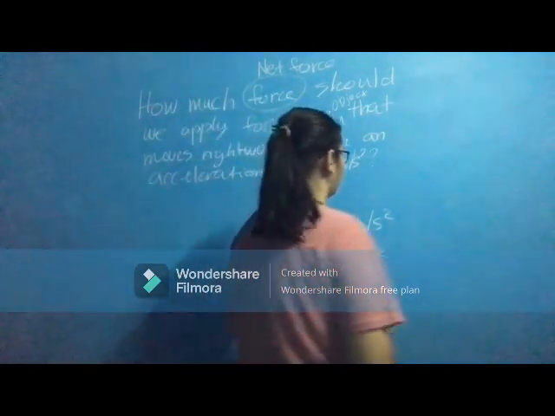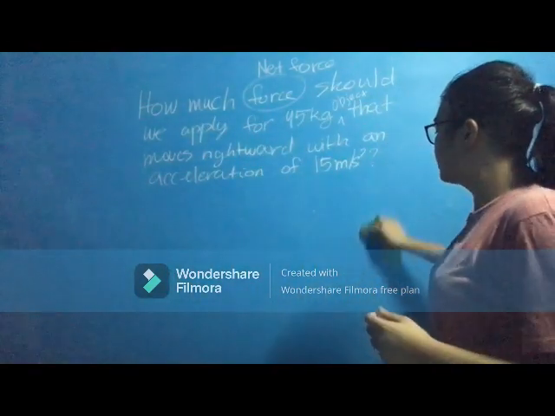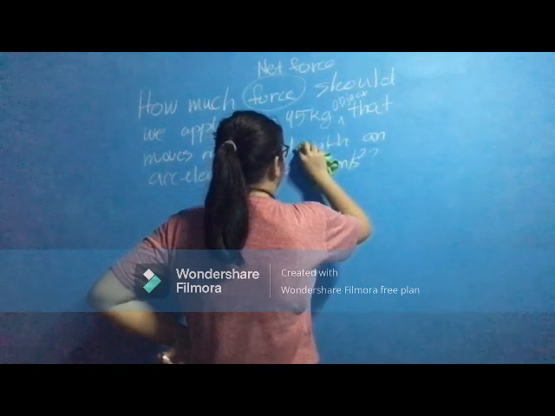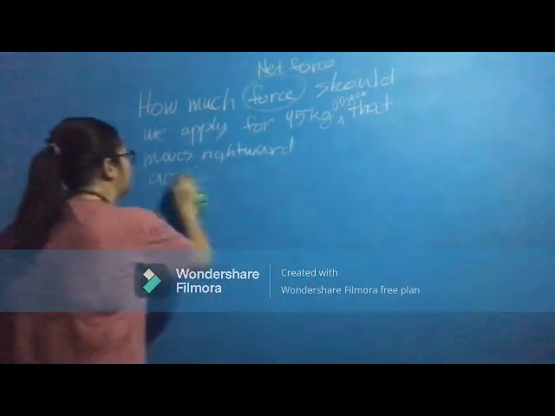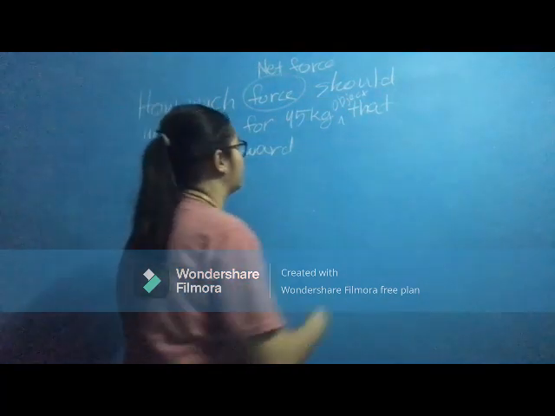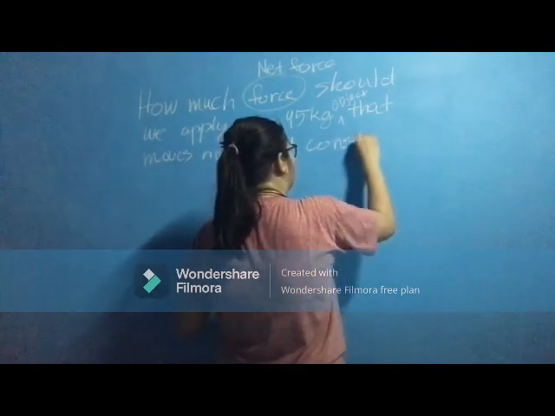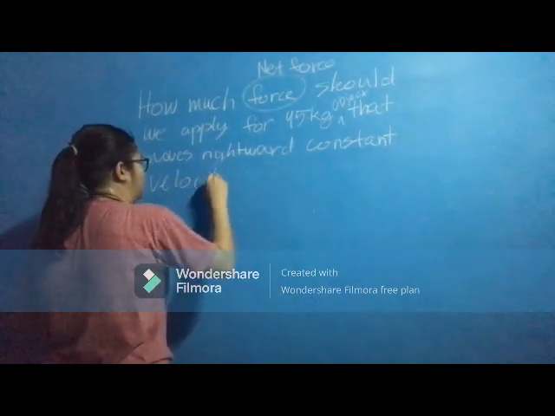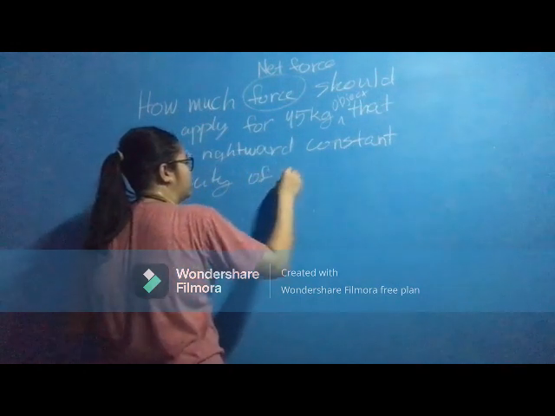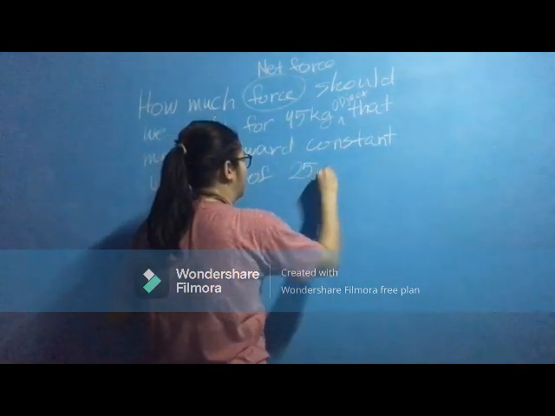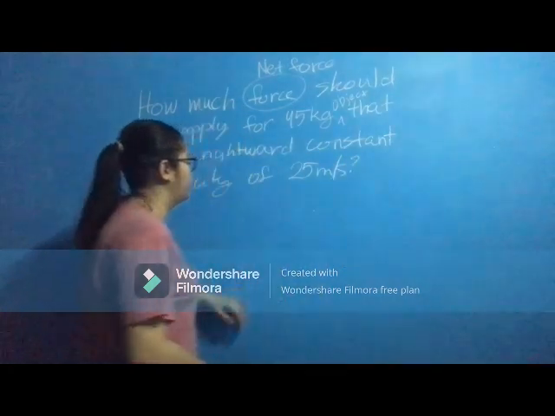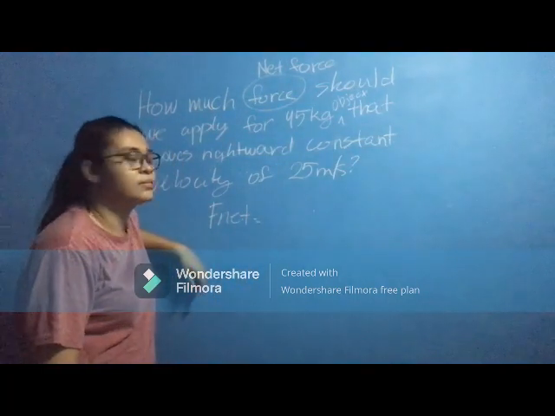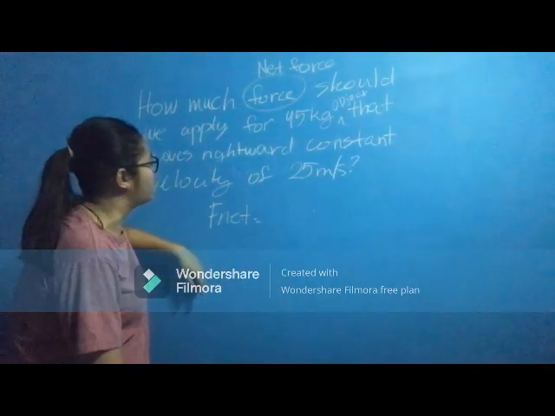Now, what if we change something with this equation? What if, instead of an acceleration, it mentioned that it has a constant velocity of, let's say, 25 meters per second? What do you think the F net is? Now we changed something with the equation.